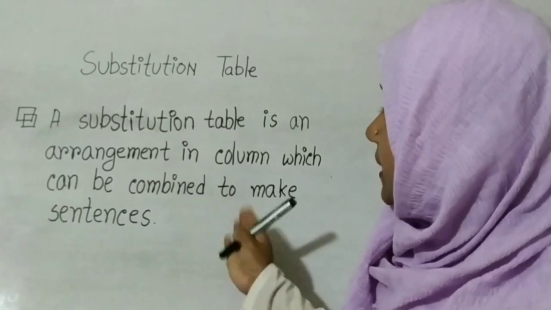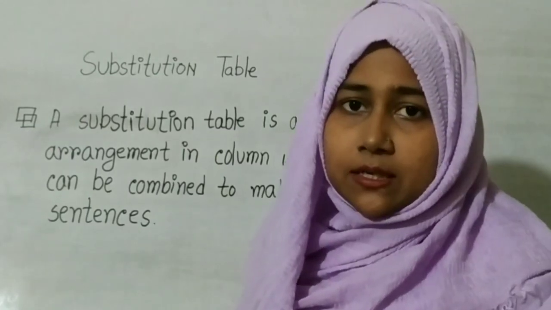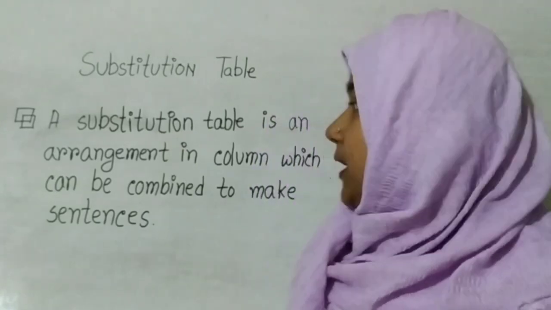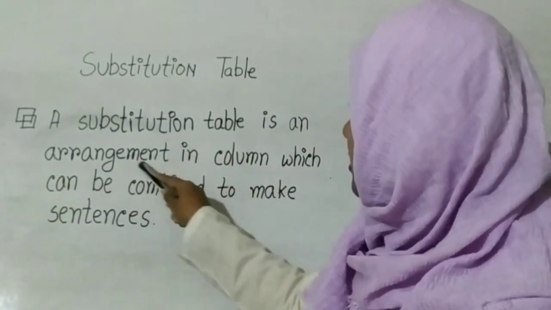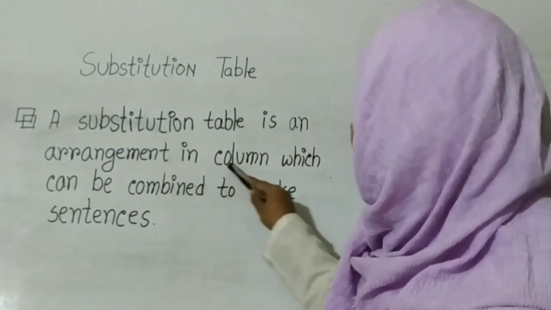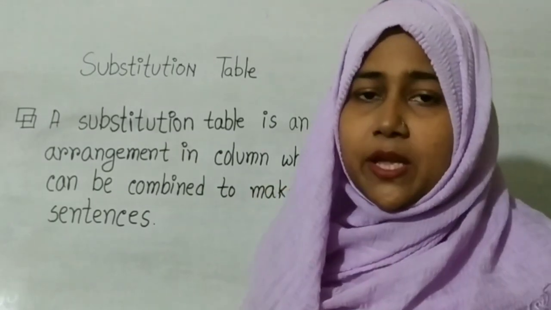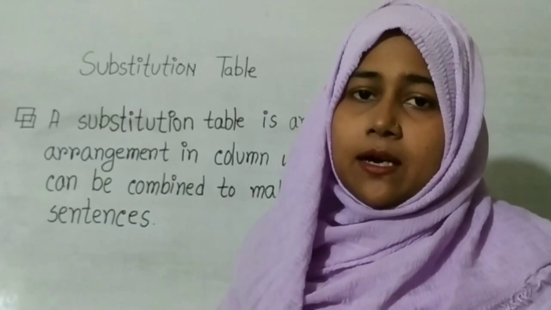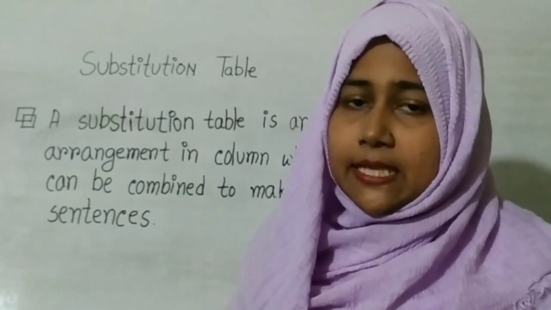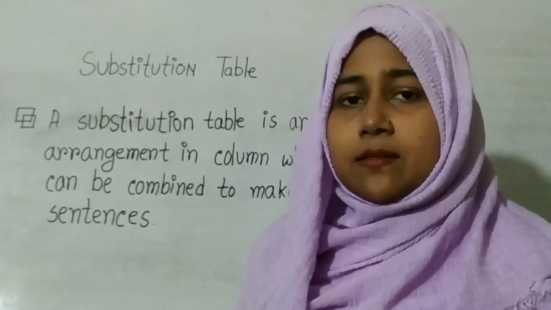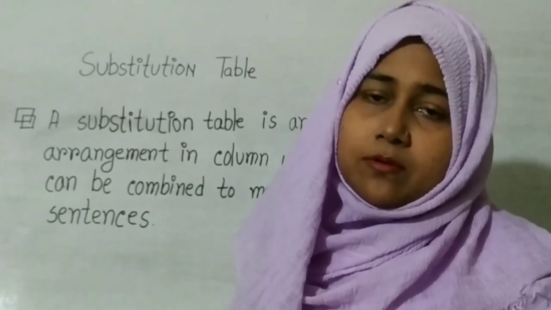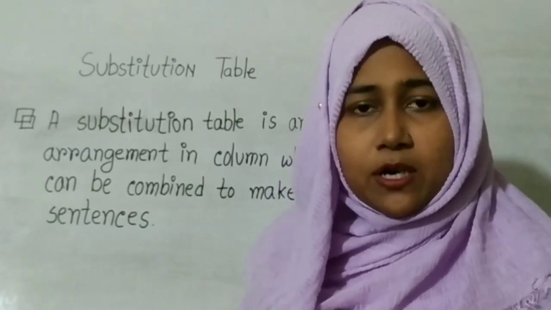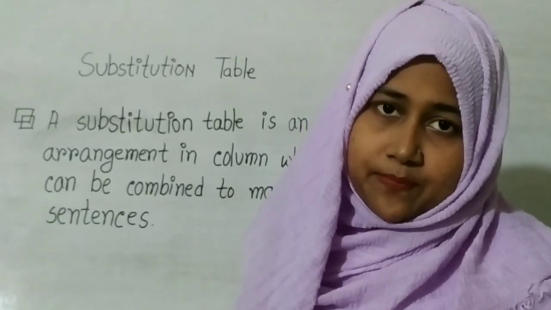So after reading this, what do you understand? Dear students, a substitution table is an arrangement. It is an arrangement in column. You will find 3 columns, and you will find some parts of sentences, and by using those parts you have to complete 5 sentences, of course meaningful sentences.